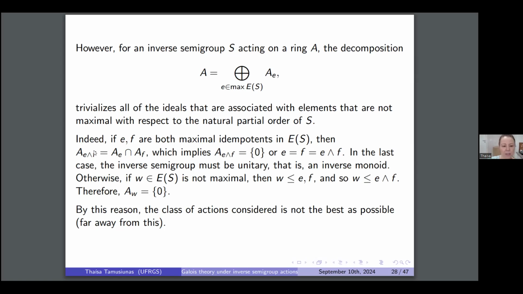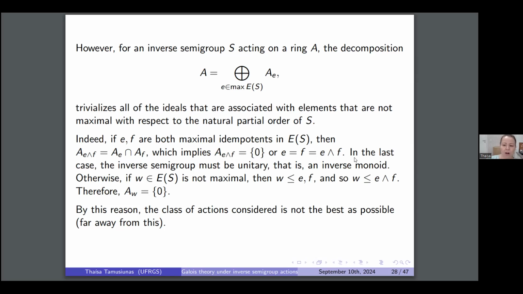The ideal indexed by the meet is the intersection between A_E and A_F. So if we're assuming that we have a direct sum, either this ideal is 0, or these elements are equal.